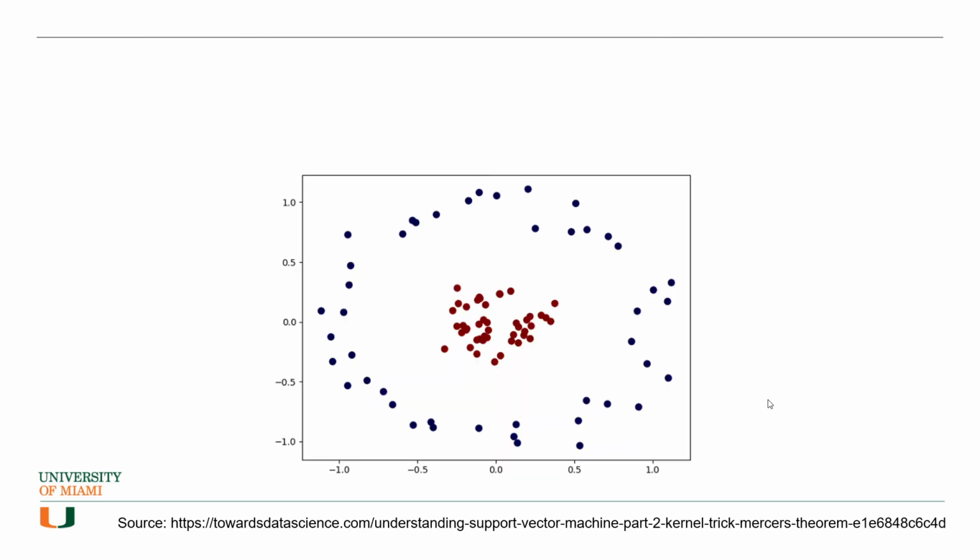Here is a visual example of it. I took this from the Towards Data Science website. You can see the link below if you want to read the article yourself. But if we have a two-dimensional space, we have features x1 and x2, and these are the groups. In the middle, we have the red group, and all around it, we have the blue group. We cannot separate them.